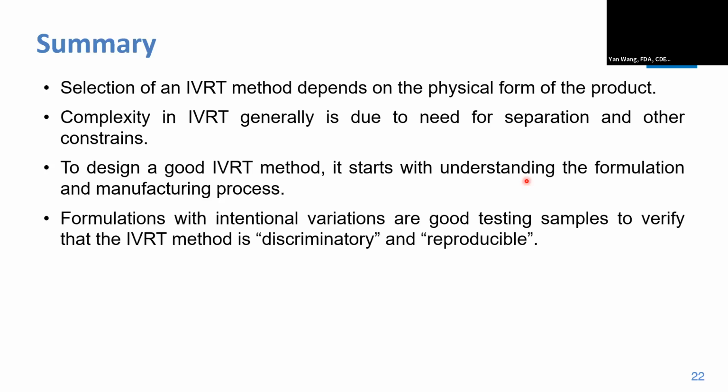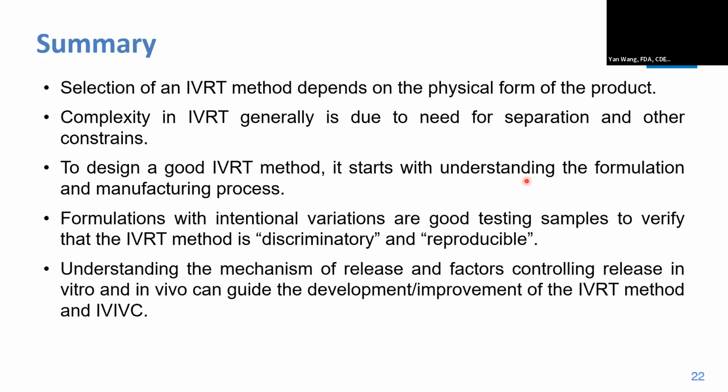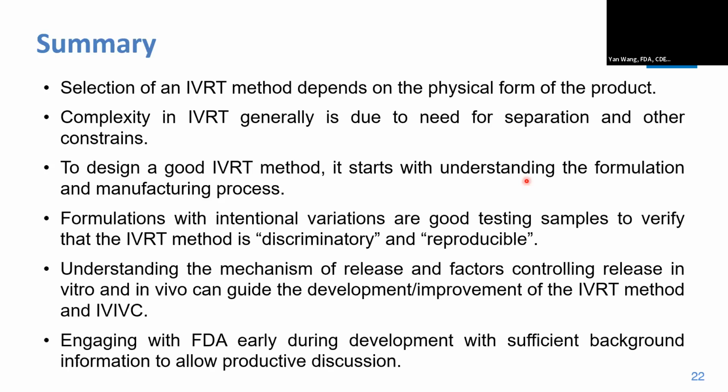Formulations with intentional variations are good testing samples to verify if your IVRT method is discriminatory and reproducible. And understanding the mechanism of release and the factors that control the release in vitro and in vivo can guide the development and improvement of IVRT methods and IVIVC.